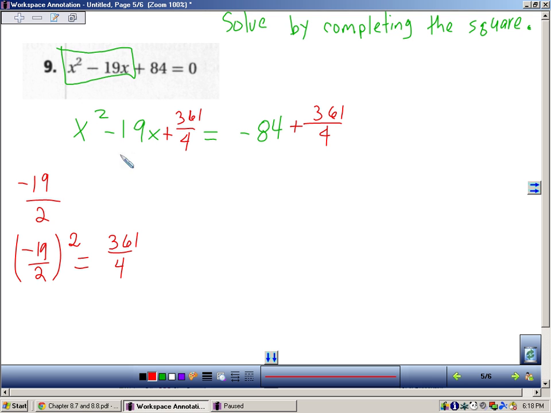Okay. So the factored form here becomes... when you look at negative 84 and 361 over 4, the common denominator is 4. So with this expression, I'm going to multiply by 4.